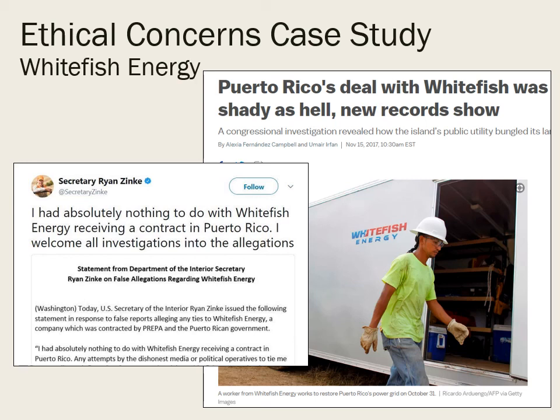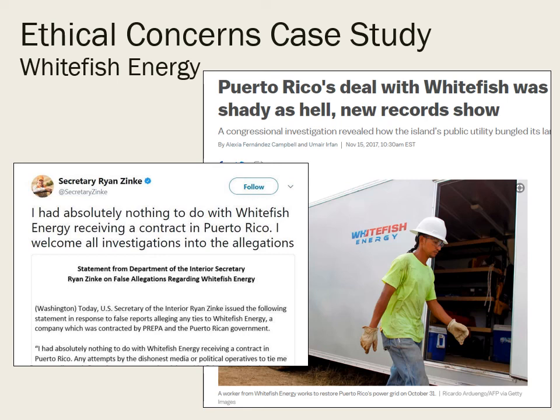Whitefish Energy was the one who contracted with these public utility crews and then vastly overcharged the feds for that labor. So something that the federal government, or the Puerto Rican government for that matter, could have gotten relatively cheaply based on pre-existing relationships, instead paid a lot more for that.